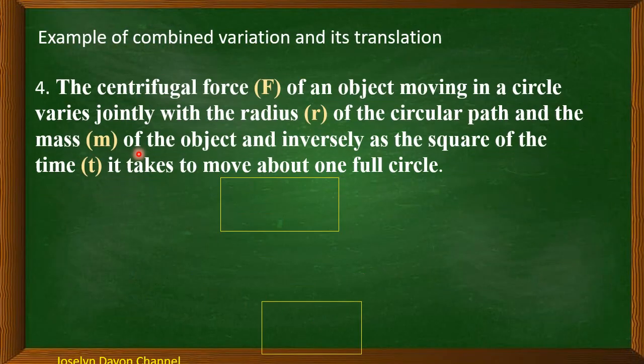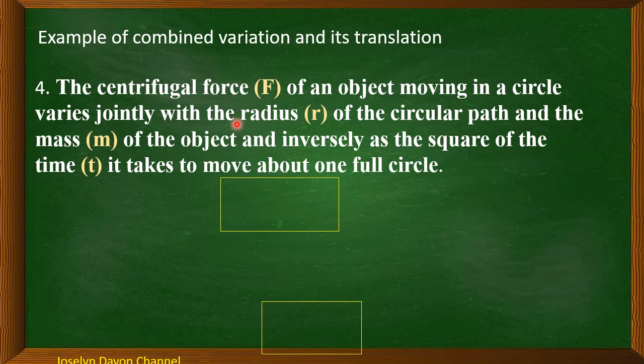Next, the centrifugal force F of an object moving in a circle varies jointly with the radius r of the circular path and the mass of the object, and inversely as the square of the time t it takes to move about one full circle.